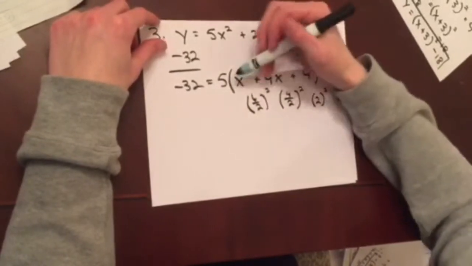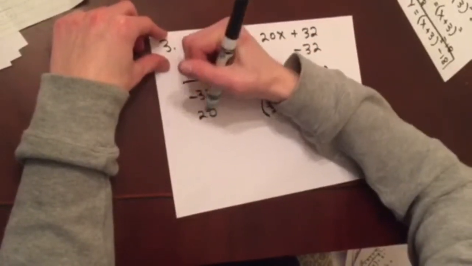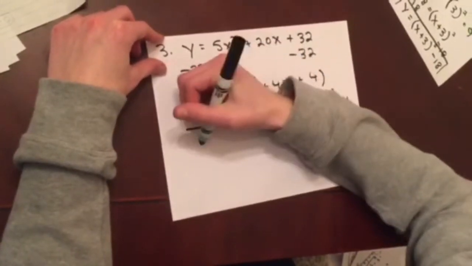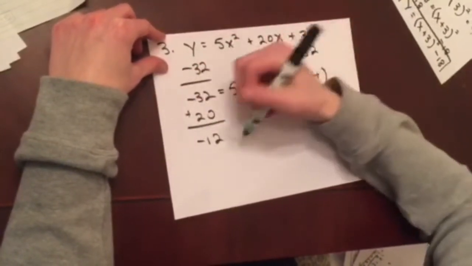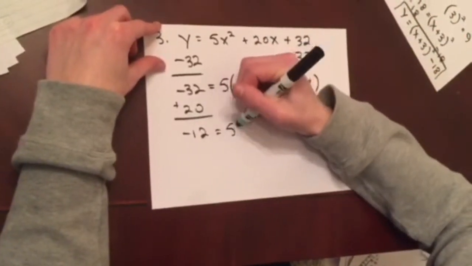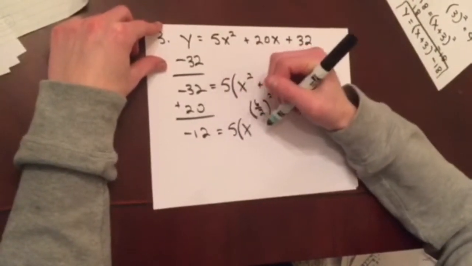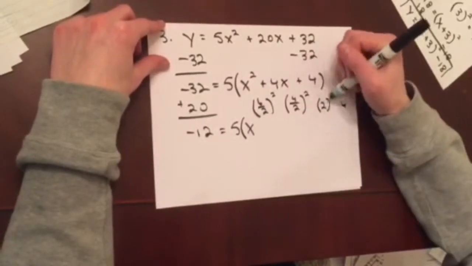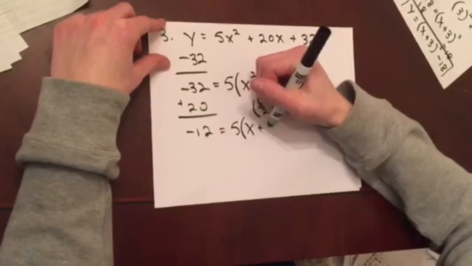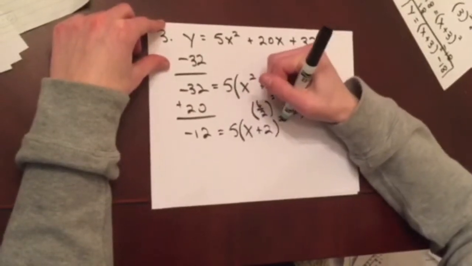So 4 times 5 is 20, plus 20. Negative 32 plus 20, negative 12, equals, bring down the 5, x plus b over 2, which is 2, 4 divided by 2, so x plus 2 squared.